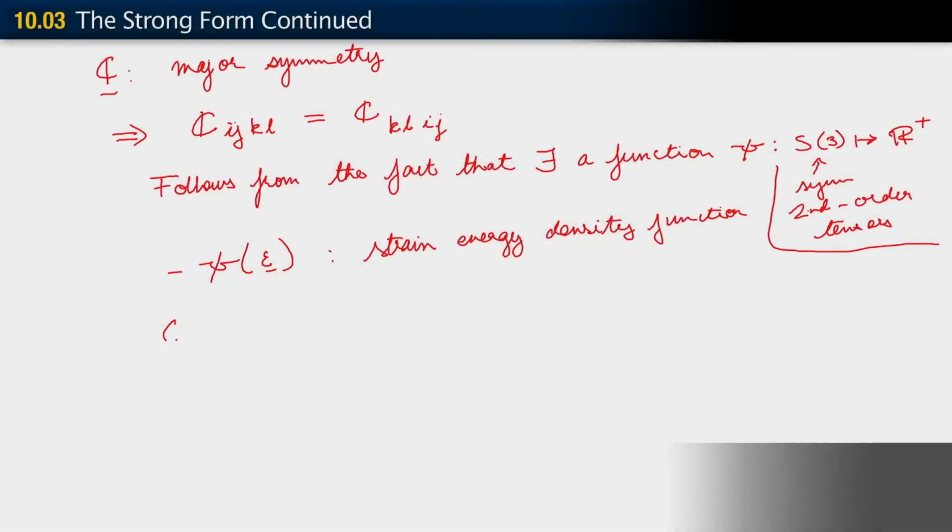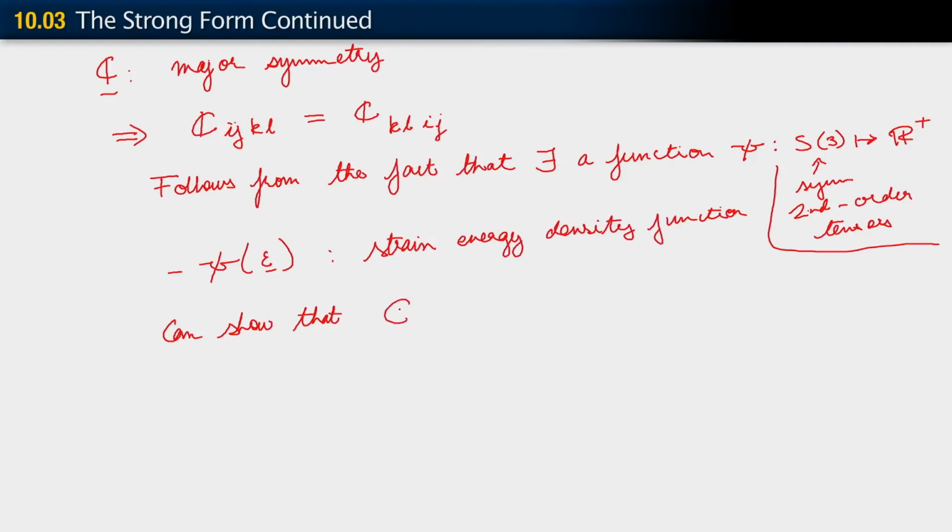It can be shown then that C ij kl is the second derivative of psi with respect to epsilon ij and epsilon kl.